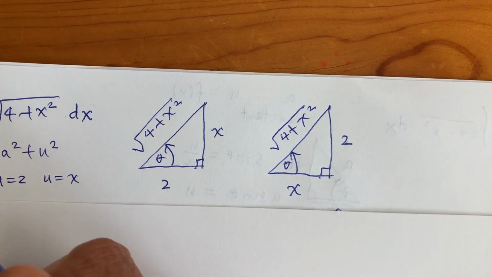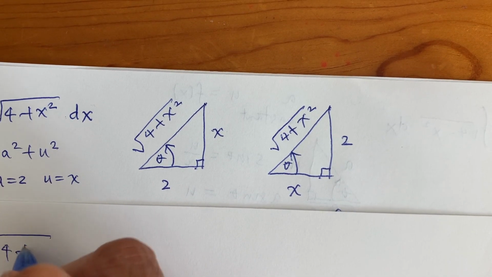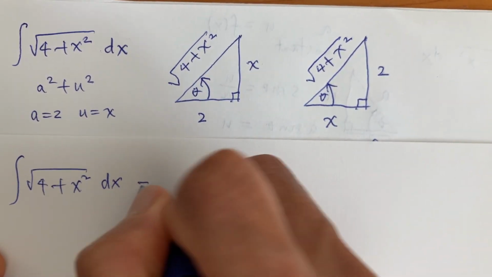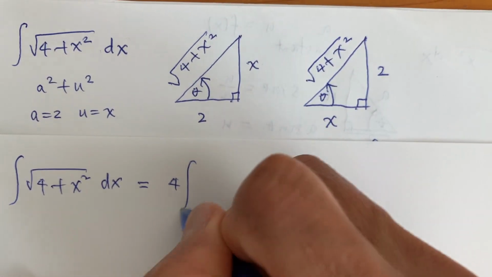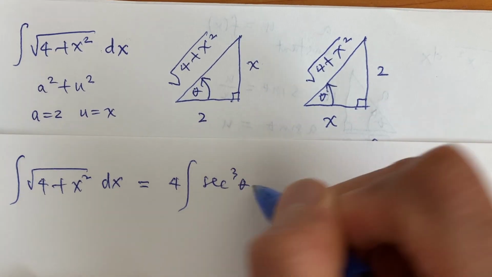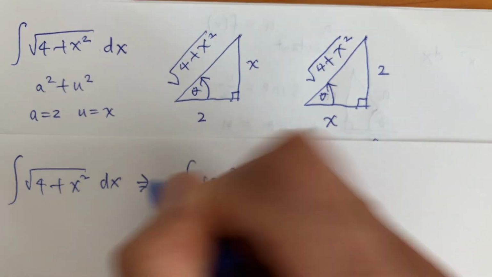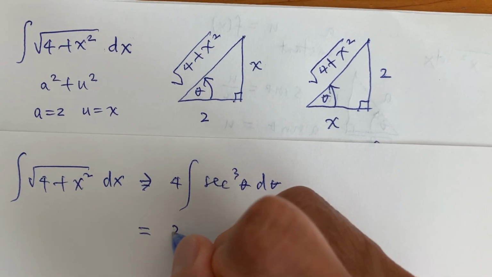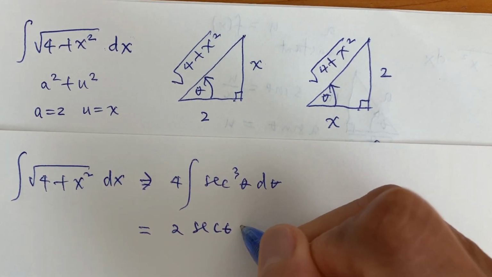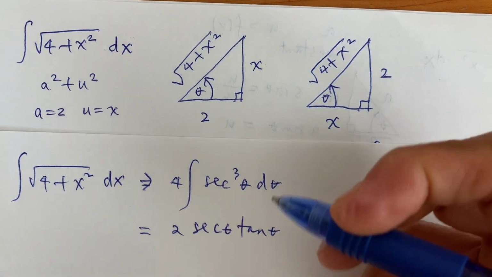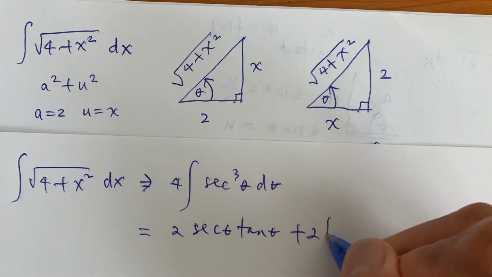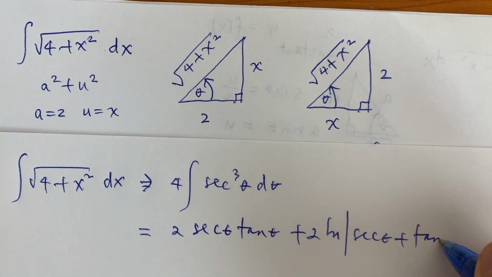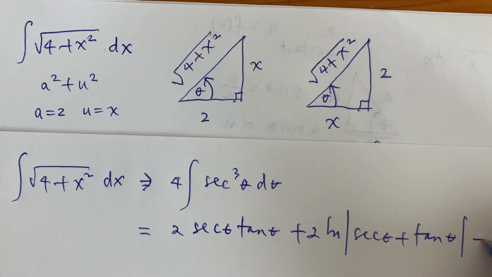The integral of the square root of 4 plus x squared dx, okay, became 4 times the integral of secant cube d theta, which became 2 times secant theta tangent theta plus 2 times ln of secant theta plus tangent theta plus c.